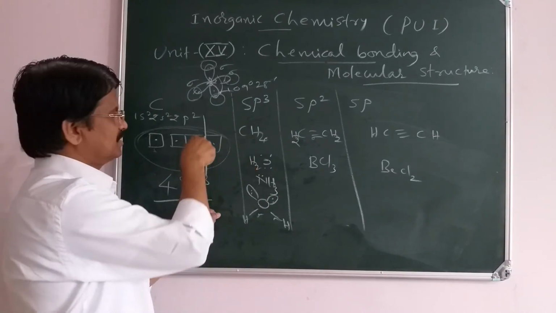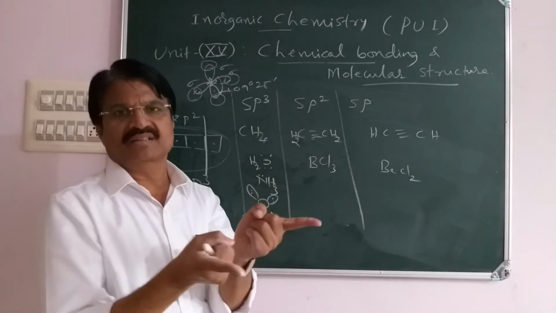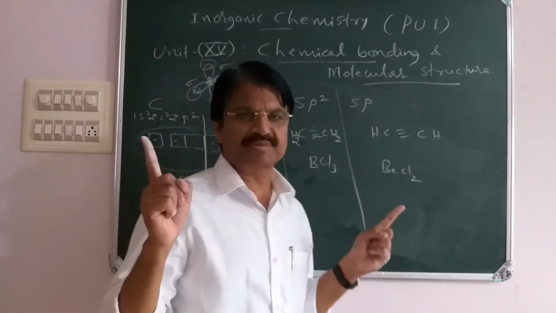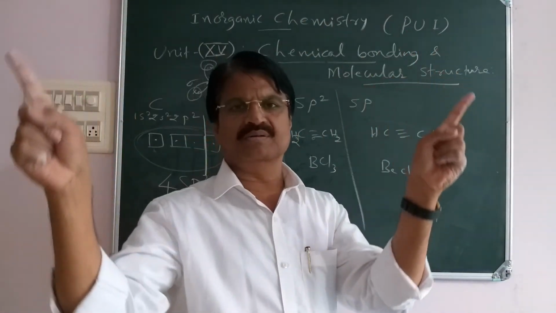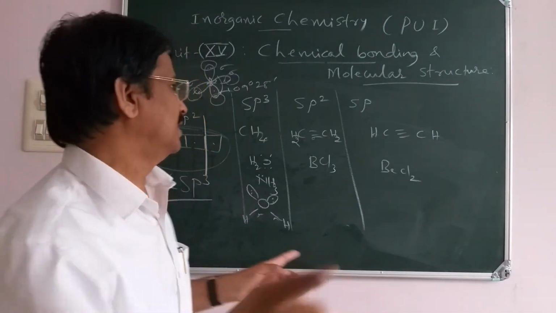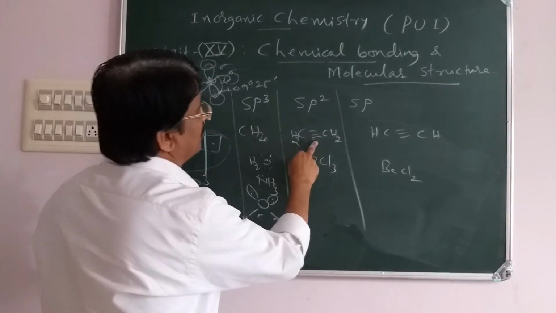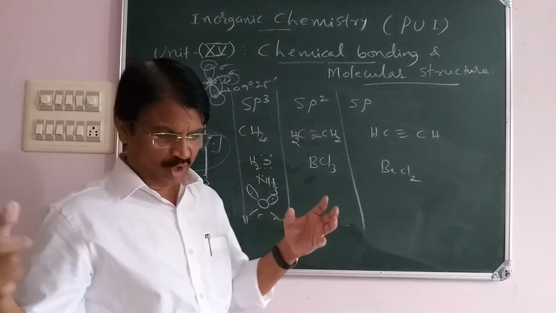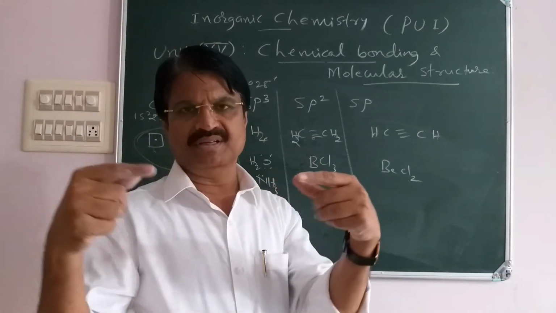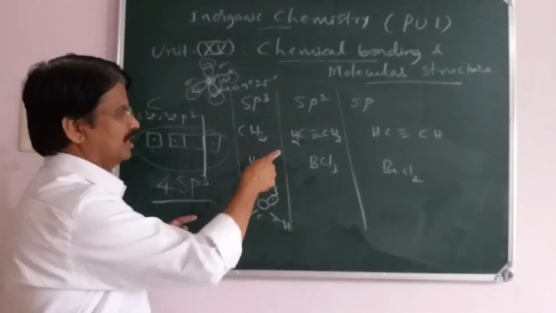Px or py you can say, and they can overlap sideways to form a pi bond. Pi bond formation always occurs when px or py overlap laterally. Sigma bond formation occurs when orbitals overlap along their axis or face to face.